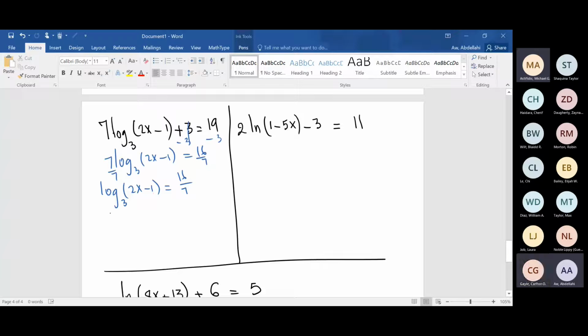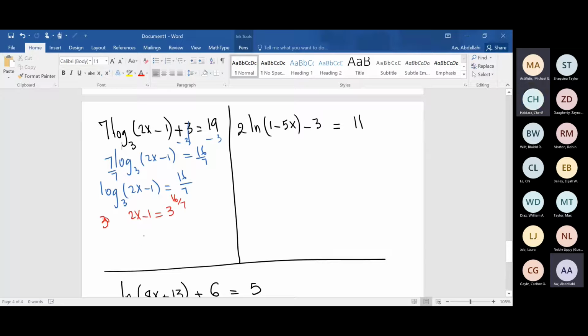We have 2x minus 1 equal to 3 to the 16 over 7. So 2x minus 1 equals 3 to the 16 over 7.